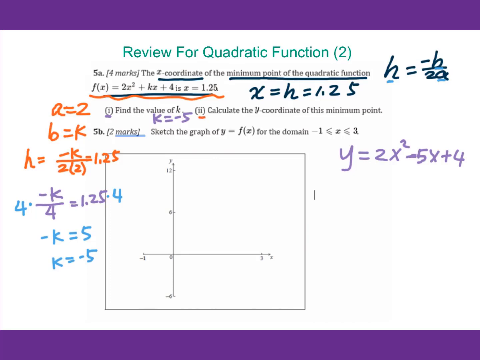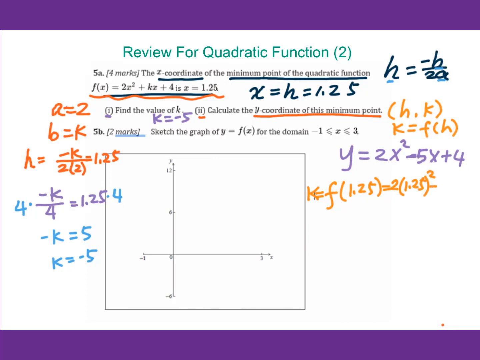Second one, calculate the y-coordinate of these minimum points. Minimum points, remember that's h, k. K equals f of h. So we plug in 1.25 to this function, you will get k. So we write down k equals f of 1.25, which means 2 times 1.25 squared minus 5 times 1.25.